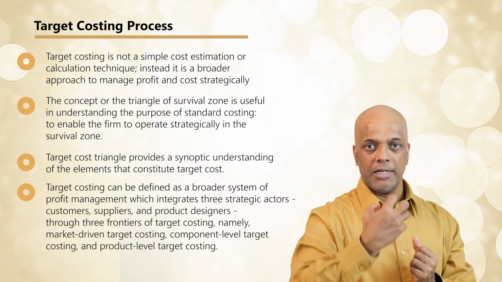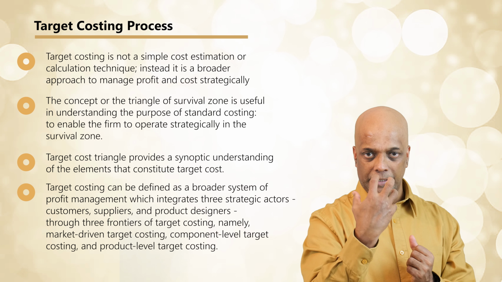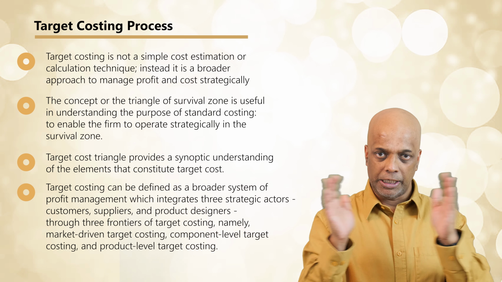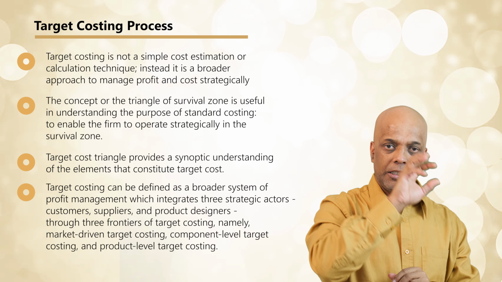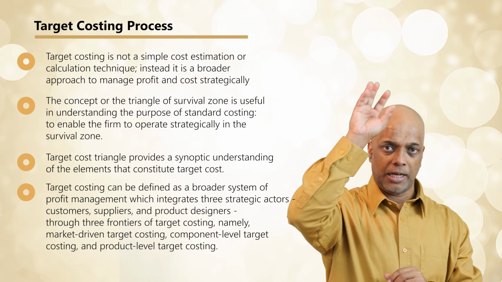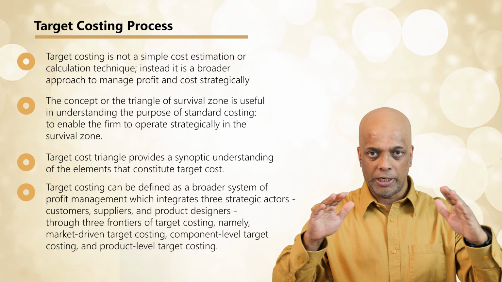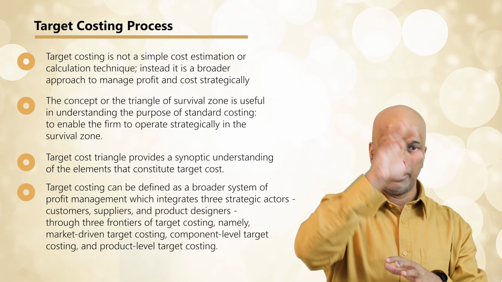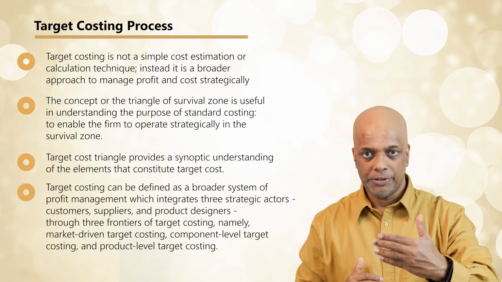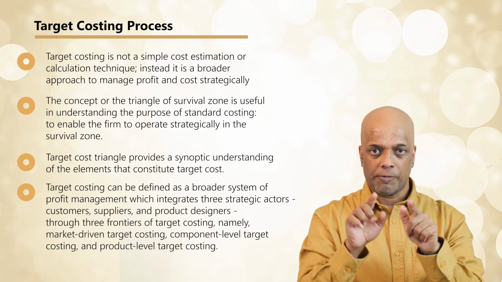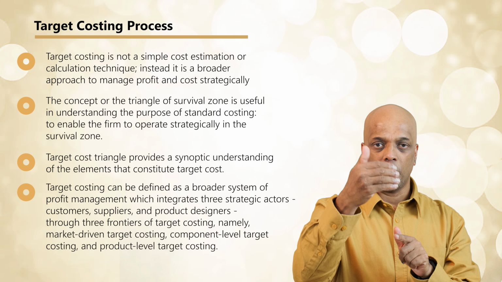So accordingly, target costing is a system of profit management. And that system of profit management brings together, incorporates or consolidates three key strategic actors: customers, suppliers, and the product designers. And that consolidation, that integration of these three key strategic actors is achieved through three sets of costing activities carried out in three strategic frontiers.